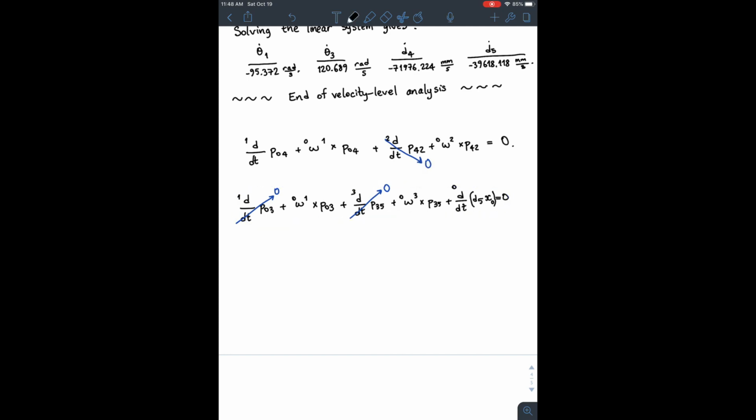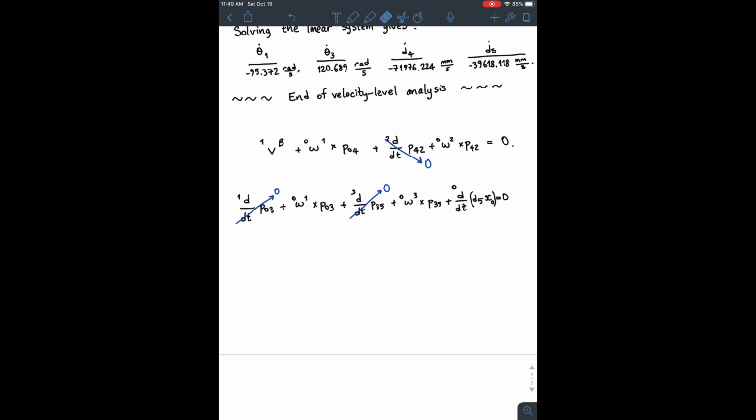What did we say about this term here? We said that term was the velocity of the point B in frame 1. So let us replace that with that. So I'm going to erase this, delete, and call it velocity of the point B in frame 1. Great.